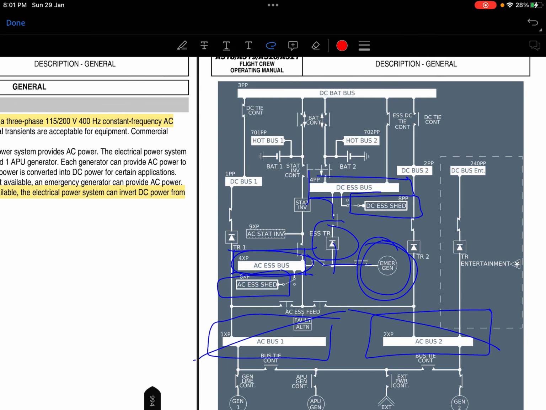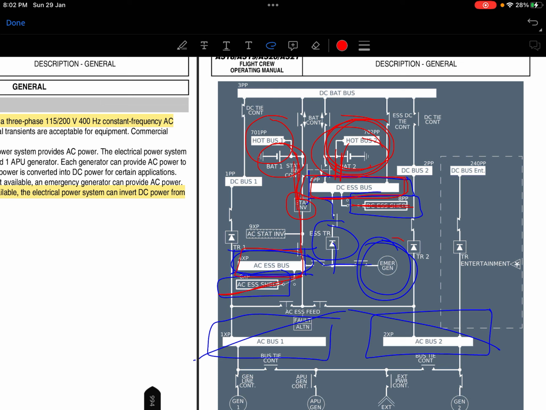Then battery 2 supplies the DC essential bus only, not the DC essential shed, right? And through the static inverter, battery 1 supplies the AC essential bus only, not the AC essential shed bus.